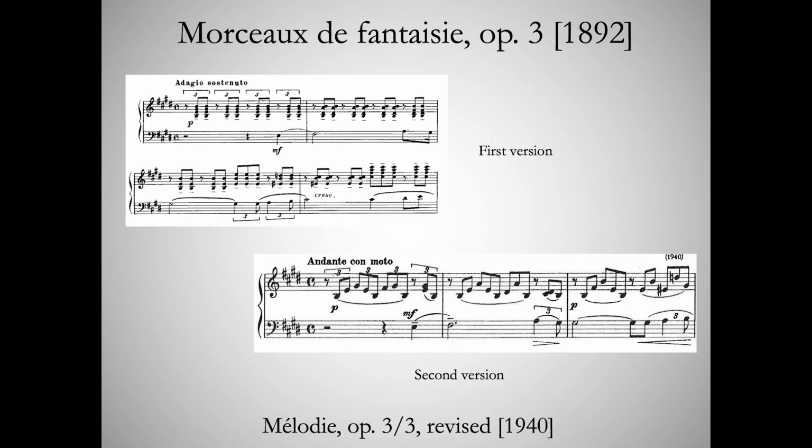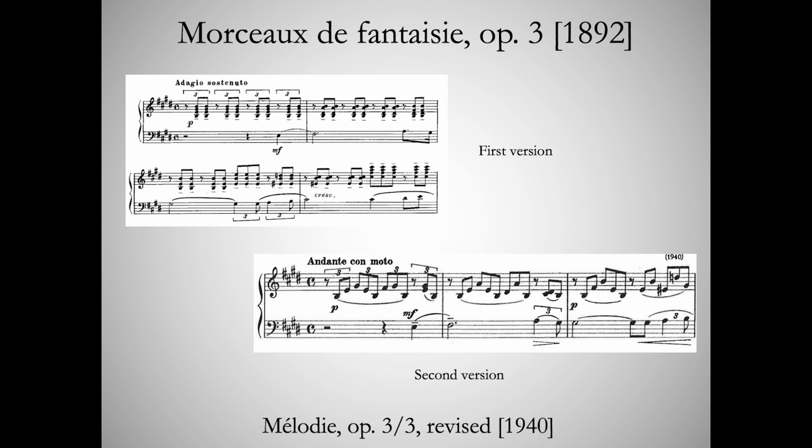Some of the earliest pieces that Rachmaninoff revised come from his early piano set, the Morceaux de fantaisie, Opus 3.